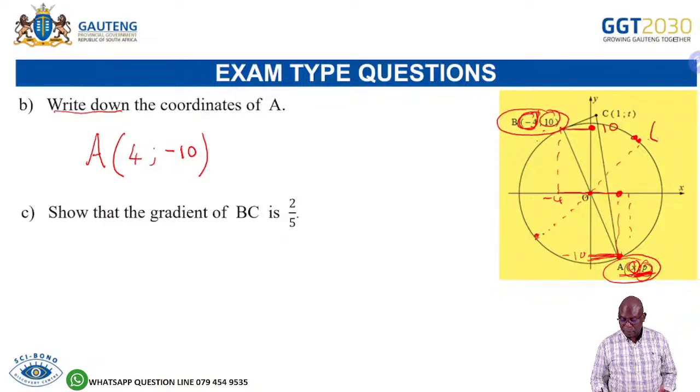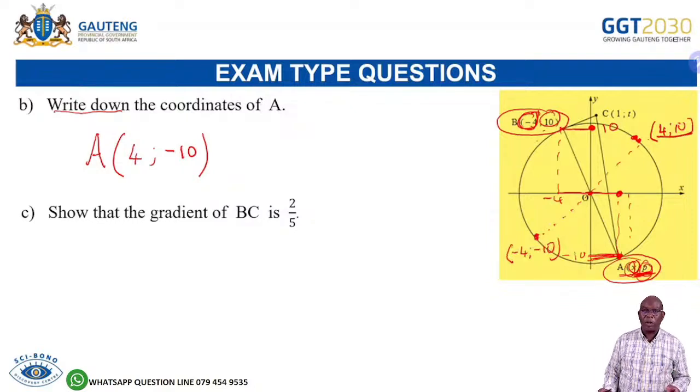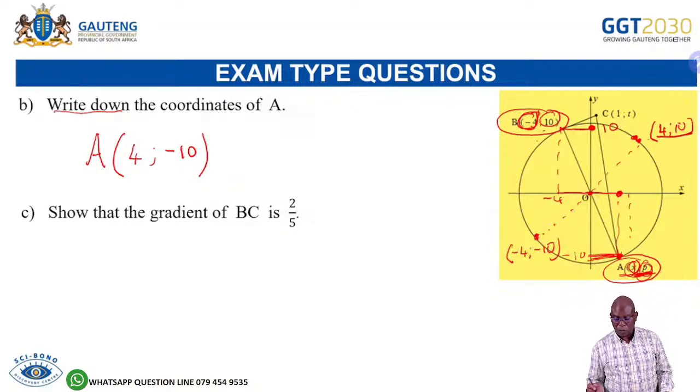If I had a point, say for instance, 4 and 10, that point on the other side will be -4 and -10. There, just change the signs of the two values, the x and the y.